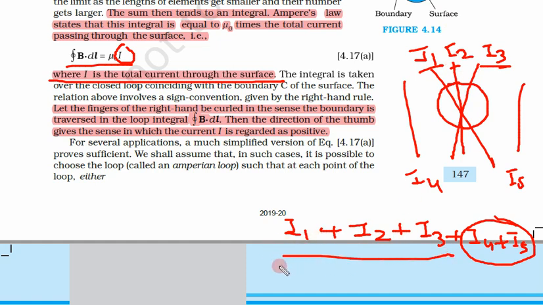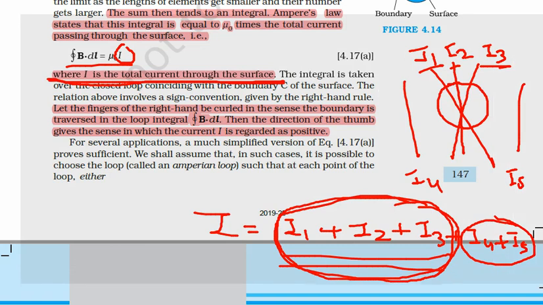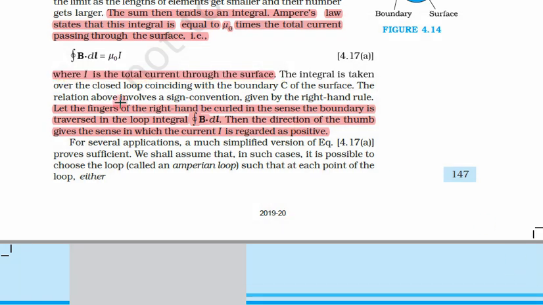So I is simply those currents that are passing through this loop, which is I1, I2 and I3. So the total current passing through this surface or loop is I1 plus I2 plus I3. Again, we don't take the total current, we take only the current that is passing through the surface.